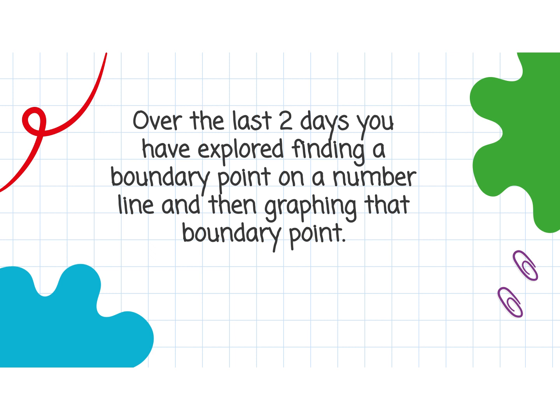So over the last couple of days, you've explored finding the boundary point on a number line and then graphing that boundary point on the number line. You've talked about what it means to have a circle that is either open, like this, or a circle that is filled in.